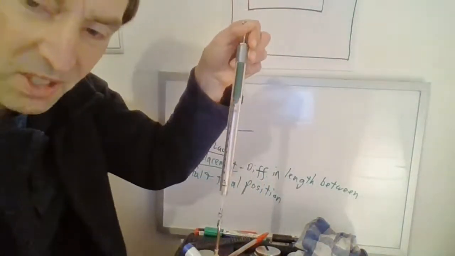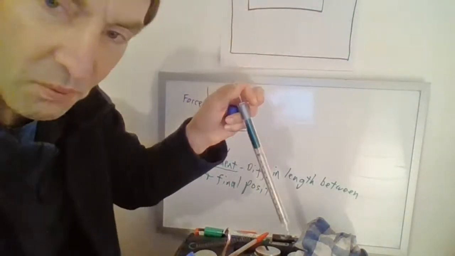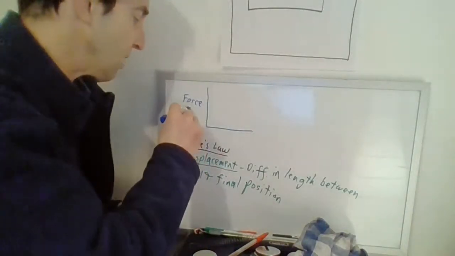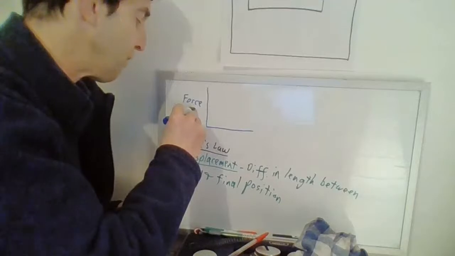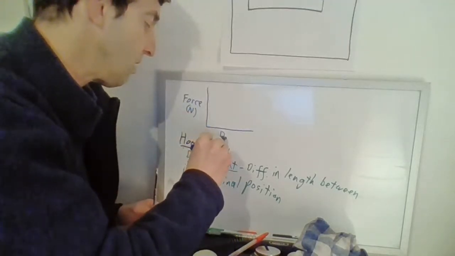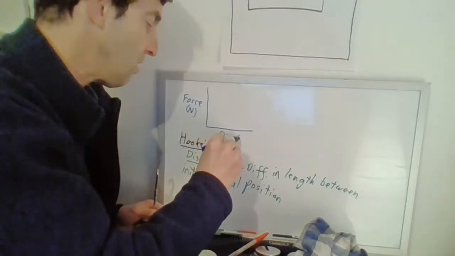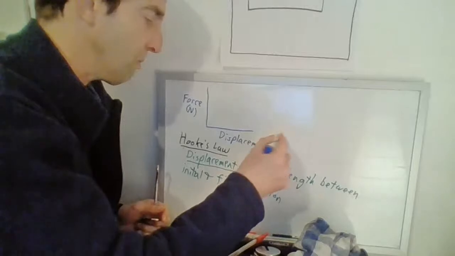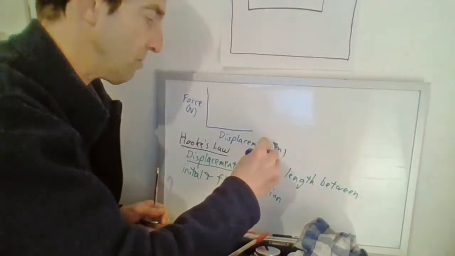I've done this as a lab before, and it's not really a hard lab. We say the force in newtons, the more force I put on the spring, the greater the displacement in meters or centimeters or whatever. I'll say meters.